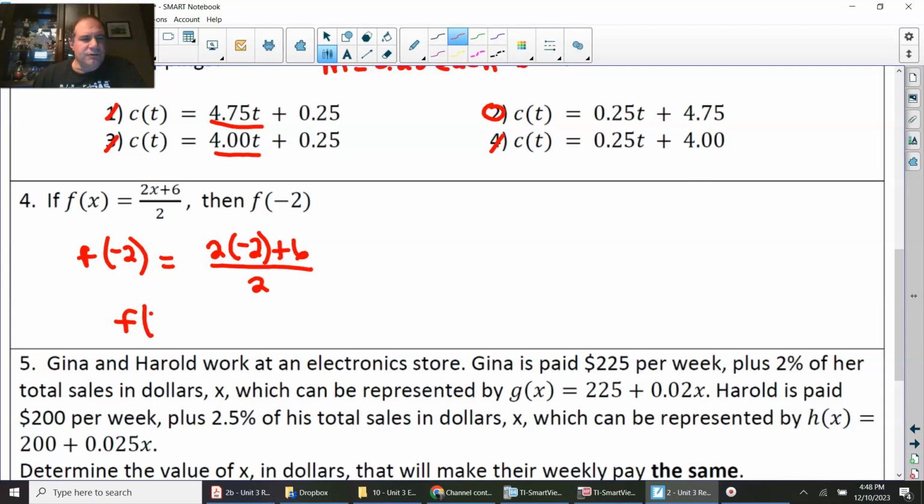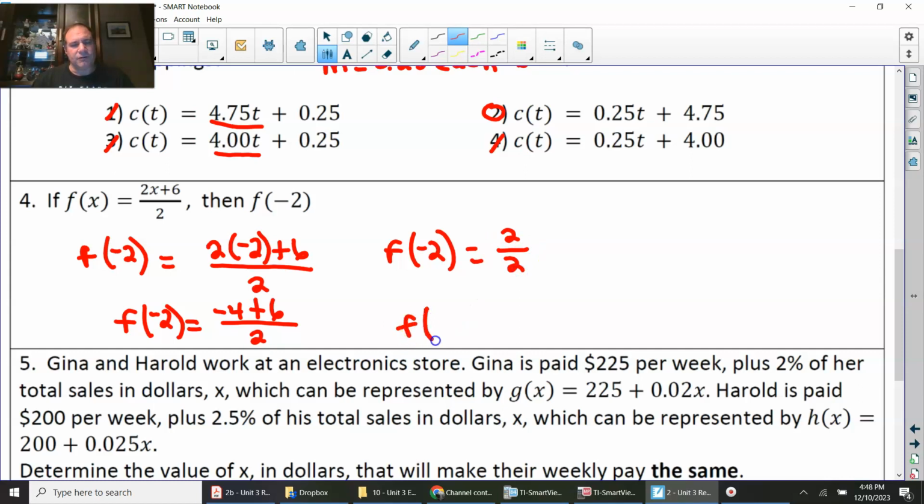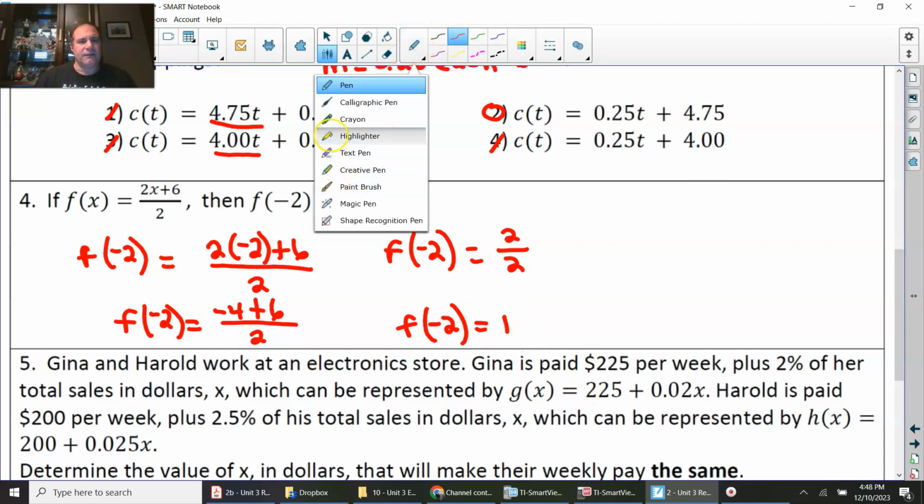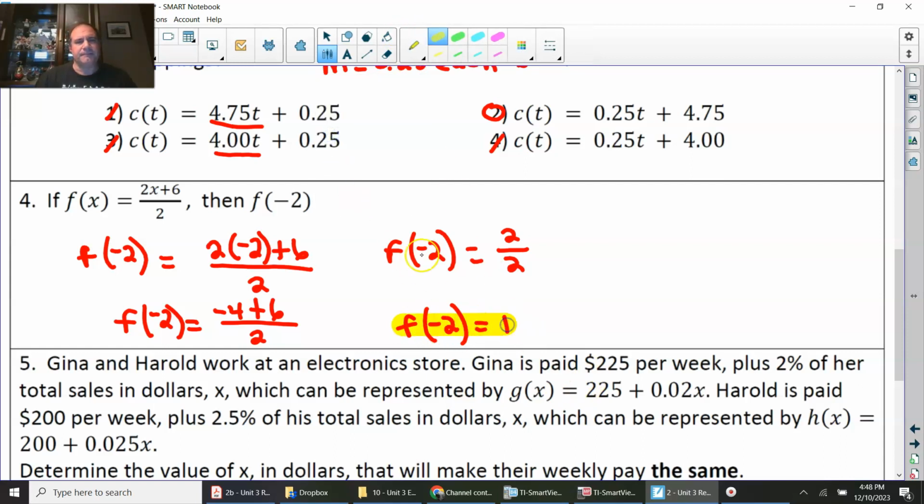F of -2 equals -4 plus 6 over 2. So then F of -2 is 2 over 2, and 2 over 2 is 1. So when the x is -2, the y is 1. And that is the answer.